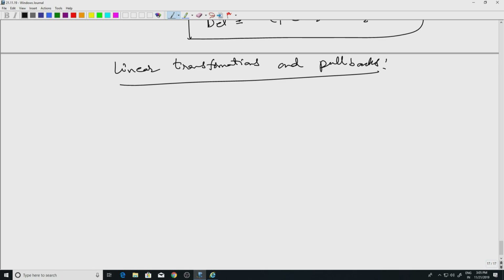Let's say a linear transformation from V to W. So far I have been using this notation L. If I want to look at multilinear maps on V, I'll have to take certain copies of V, whereas the case we have been considering involved different vector spaces.